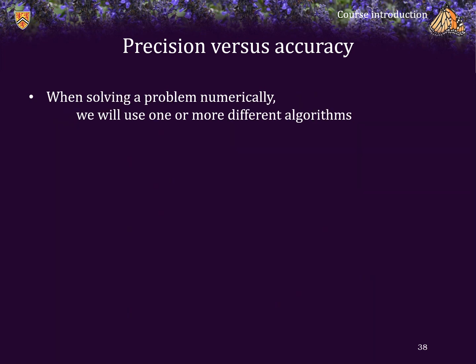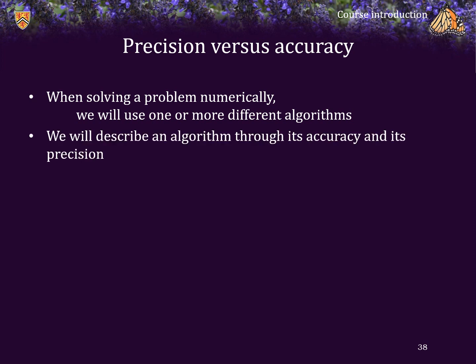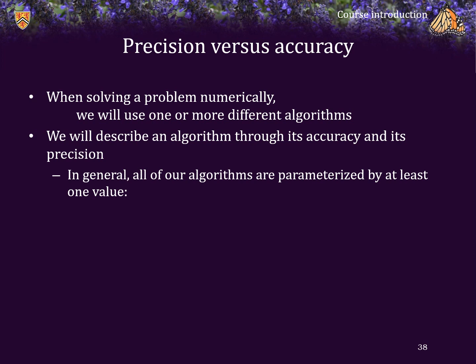Now, when we are solving problems numerically, we're going to have a plethora of different algorithms we could consider using. We will describe each algorithm in relationship to the others via their relative accuracy and their relative precision. Now, in general, all of our algorithms are going to be parameterized by at least one value.